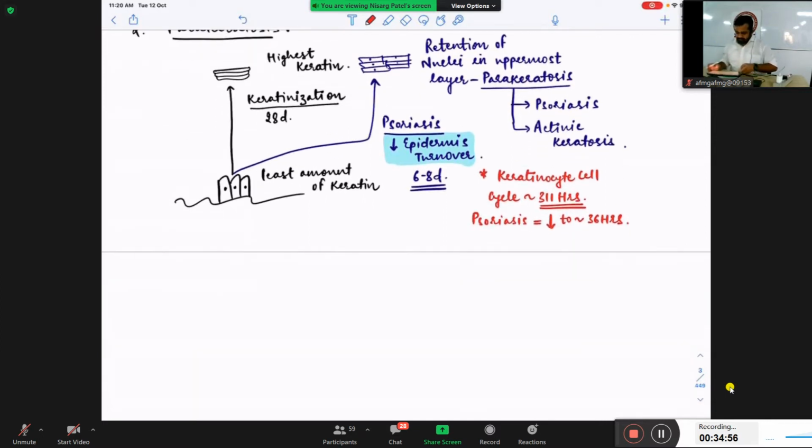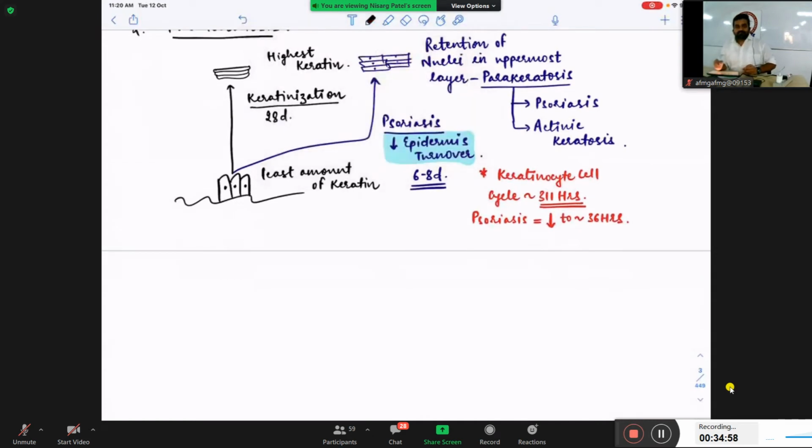So, why is psoriasis not a pre-malignant condition? Actinic keratosis is a pre-malignant condition, but psoriasis is not. The reason is that it is a transient autoimmunity, not a persistent one. But in actinic keratosis, the second disease we wrote, there is constant stimulation and a constant reduction of the cell cycle time.